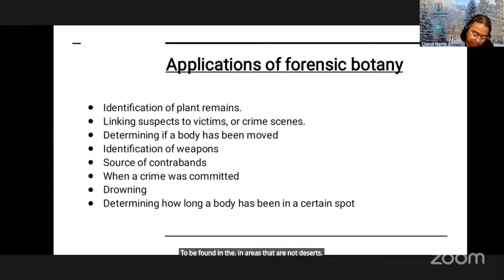So if a pollen grain of a plant that is known to grow in a specific location is found maybe on the trouser of one who is suspected to have been into that crime scene, that is one way of linking them.